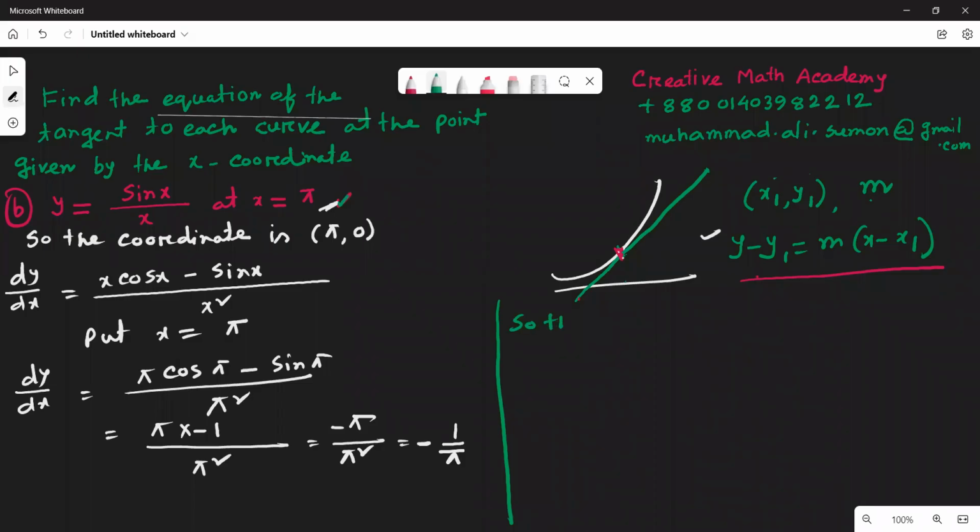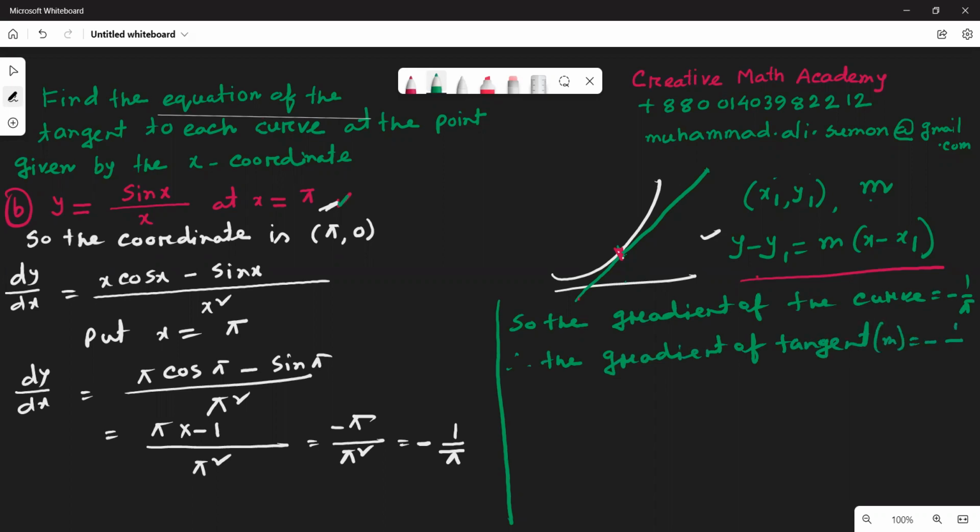So the gradient of the curve equals minus 1/pi. And at this specific point, the gradient of the tangent m equals minus 1/pi. Now we have to find the equation of the tangent.